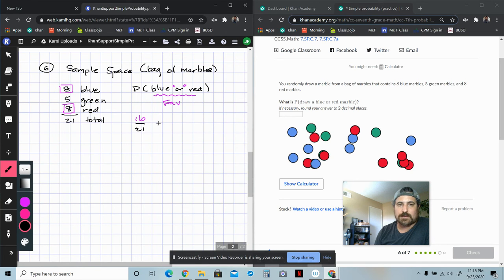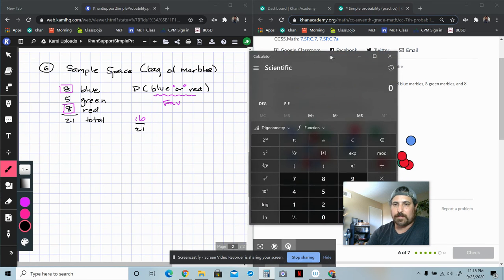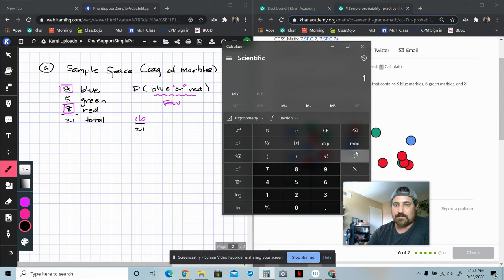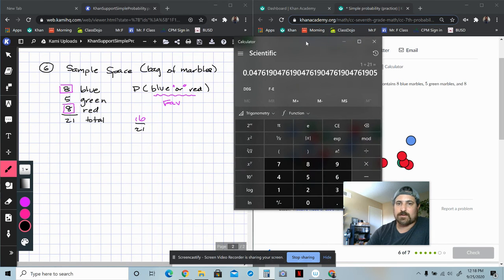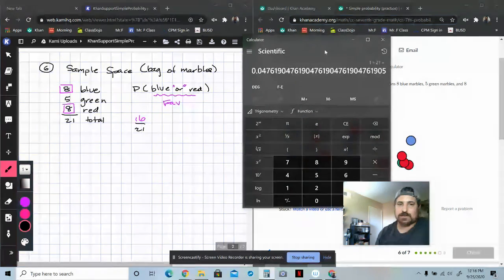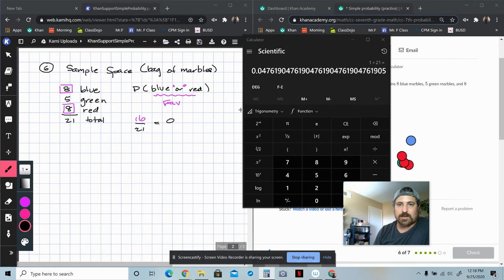Now 16 over 21, what's that really worth? You can just do that on the calculator. 16 divided by 21 is equal to, wow, okay, that's 0.0476 and so on and so forth. So if you write that out, that's going to be 0.0476, dot, dot, dot.